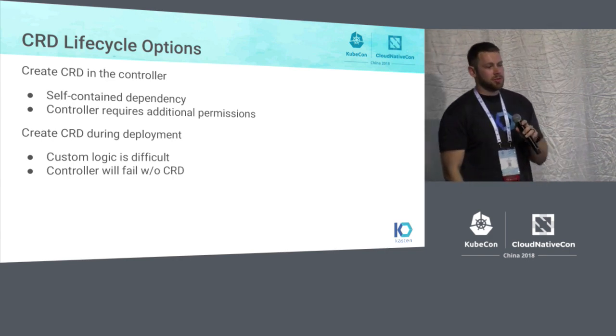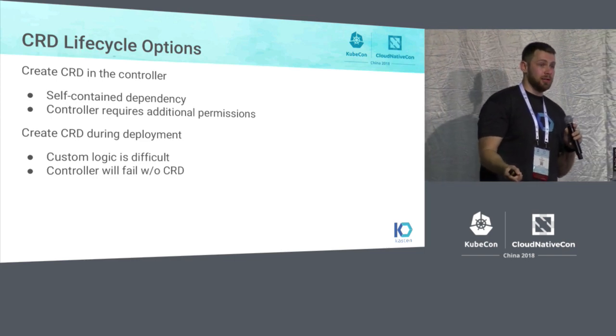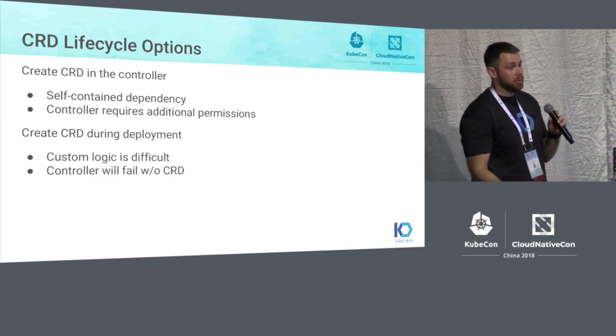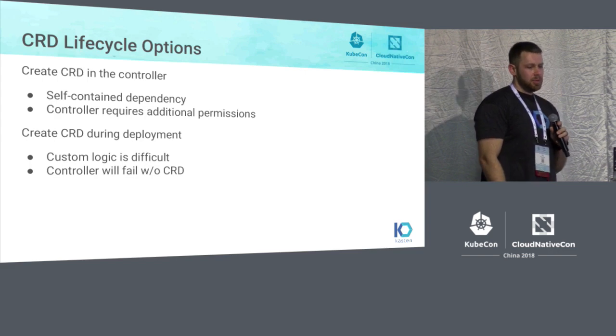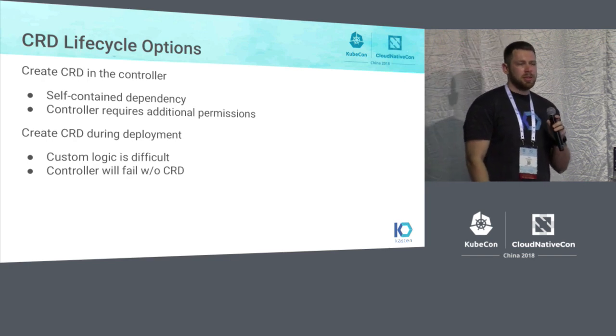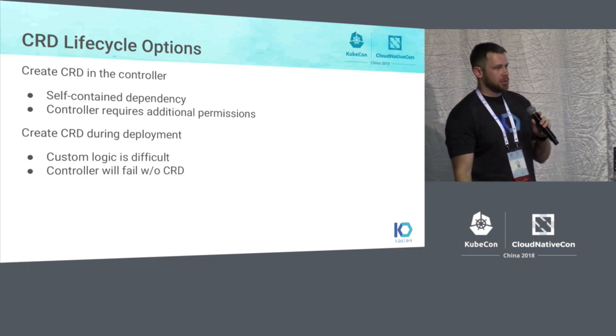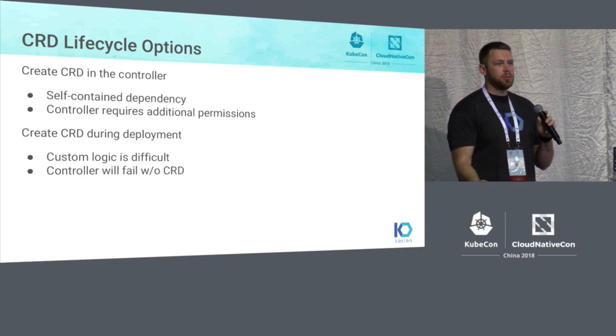There are two ways you can control it, and there's an ongoing debate in the community about how it should be done, with pros and cons. If you're using only one operator in your cluster, you probably want to control the CRDs from the operator, because it's a little easier with less instrumentation: the operator wakes up in the cluster, tries to get custom resources, doesn't find any, creates a new one or updates it, and it just works.